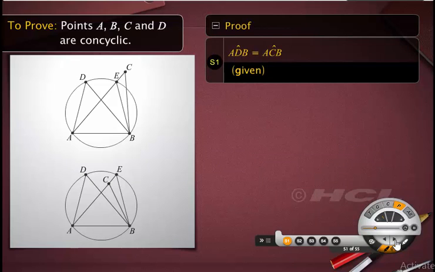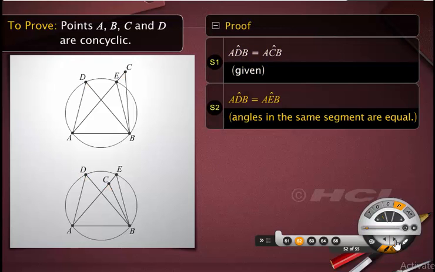It is given that the angles ADB and ACB are equal to each other. Further, we know that the angles in the same segment are equal. Therefore, angle ADB is equal to the angle AEB.